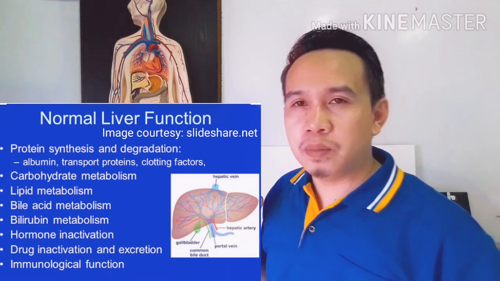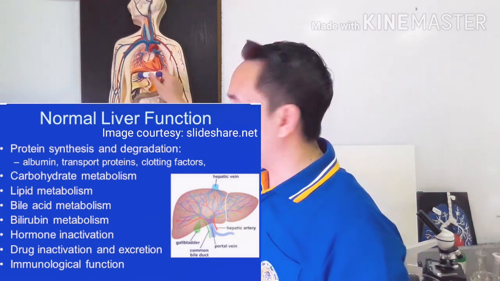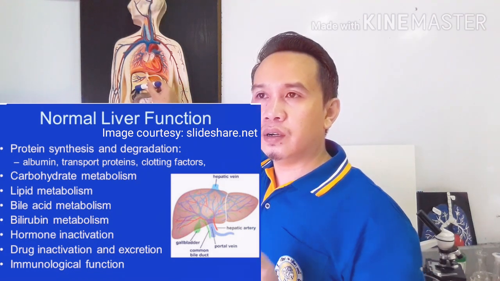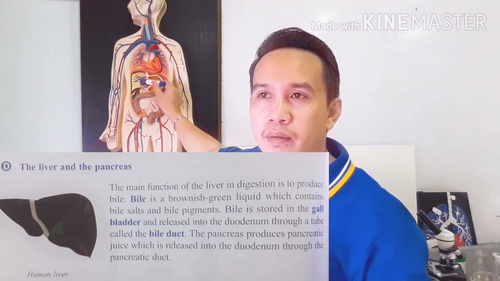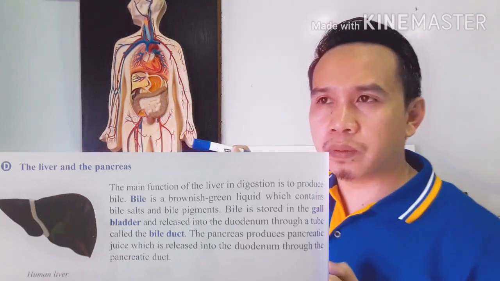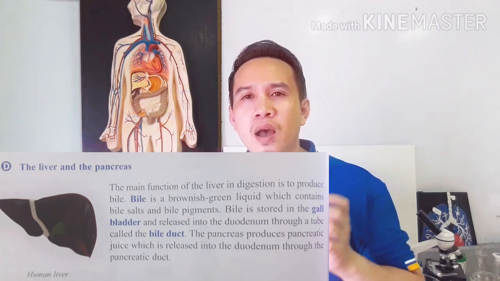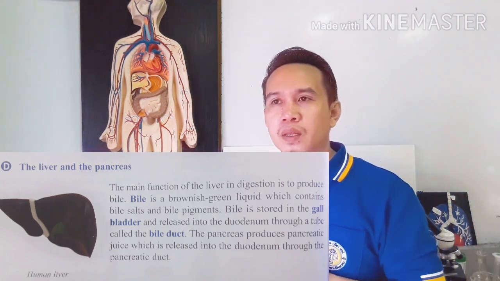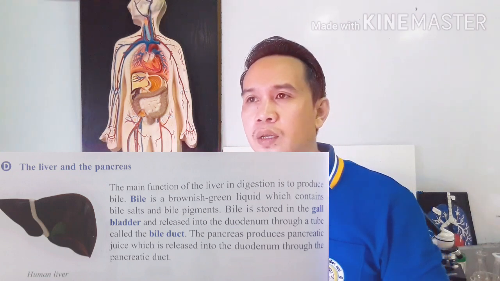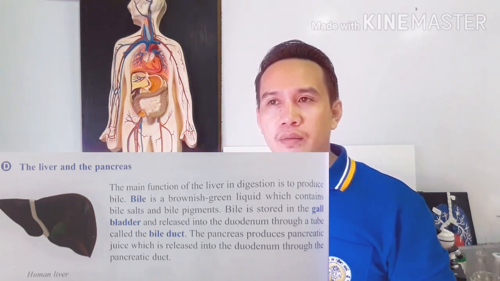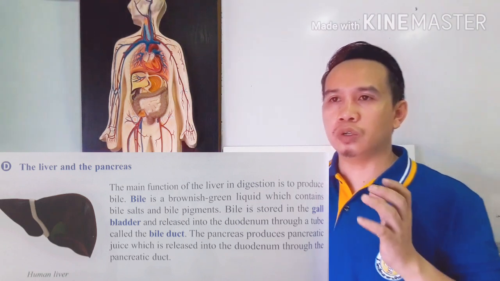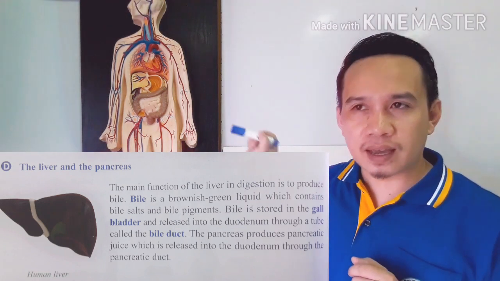What do you think will be the function of the liver and the pancreas? The main function of the liver during digestion is to produce bile, right? Bile is a brownish green liquid which contains bile salts and bile pigment. Bile is stored in the gallbladder, right? And it is released into the duodenum through a tube called the bile duct.